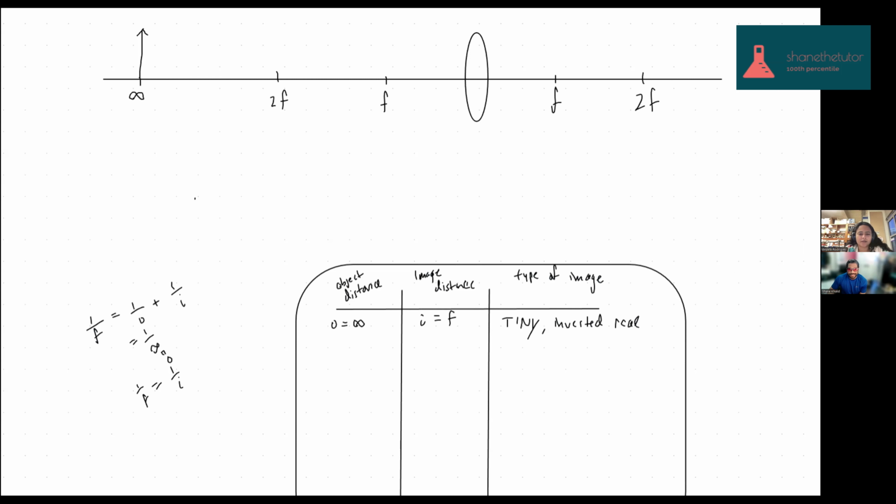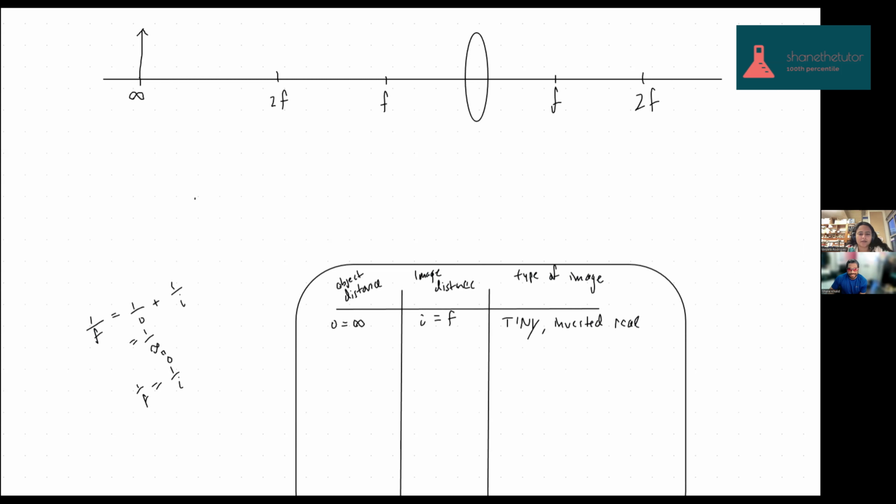This is a good example of that. The sun we can treat as the object, and we can treat that object distance as infinity. I think it's like 93 million miles or something, but if we're thinking about focal length in the centimeter realm, it's pretty much at infinity. And it makes a real image that's extremely tiny.